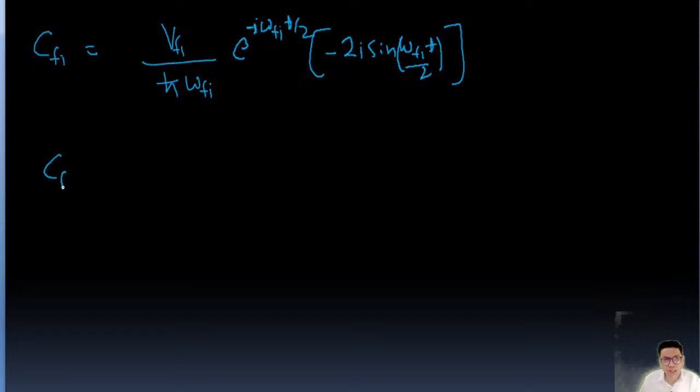Now we can write the mod square of C_fi, that is P_fi, the transition probability.